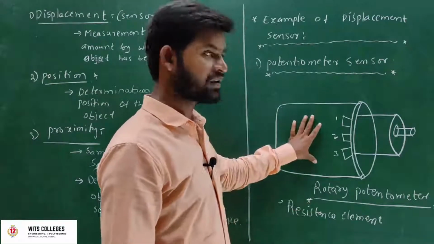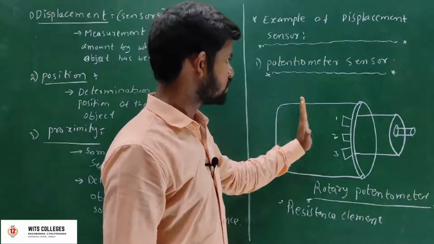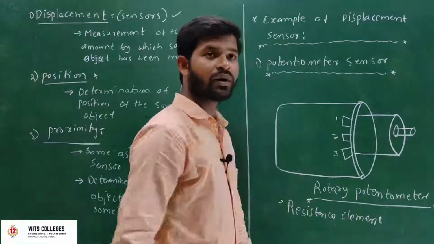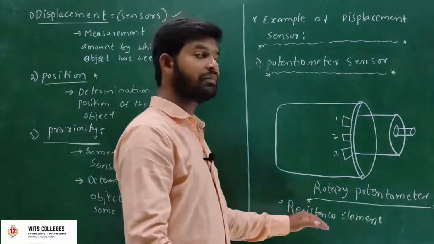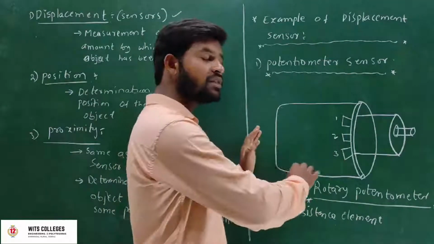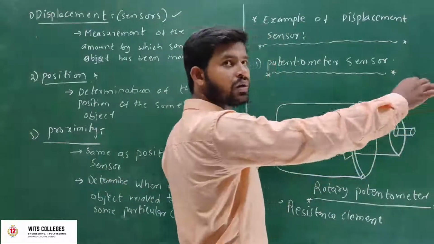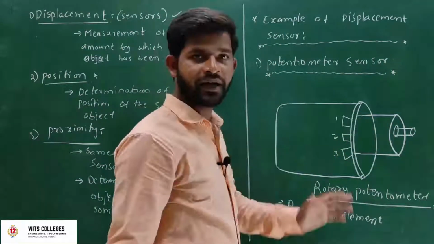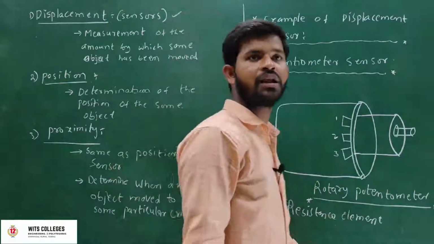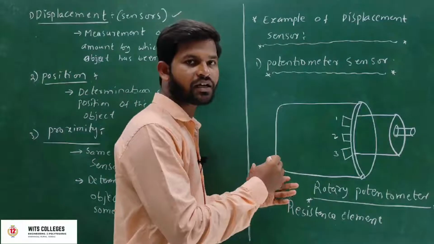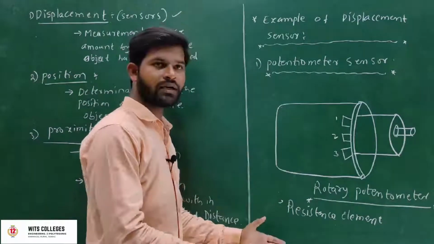First of all, the potentiometer consists of a resistance element which can move over the length of the element, that is, sliding along the total element. Such an element can be used for linear or rotary displacement.